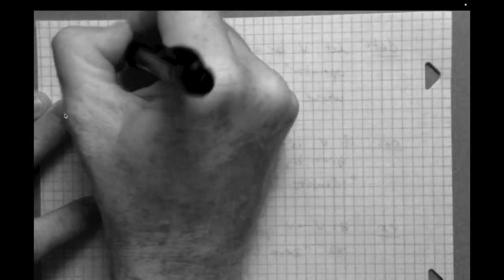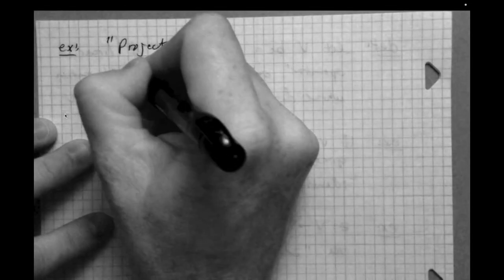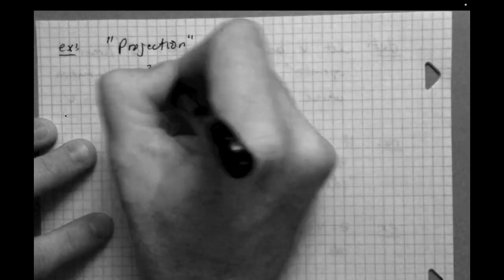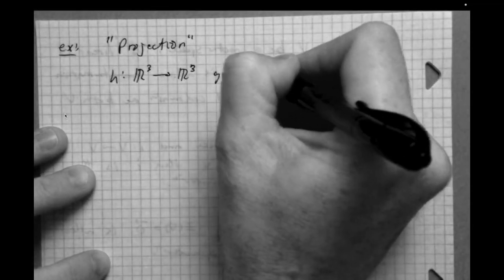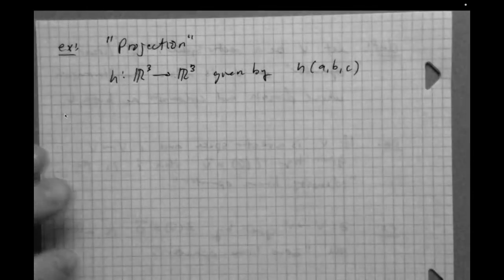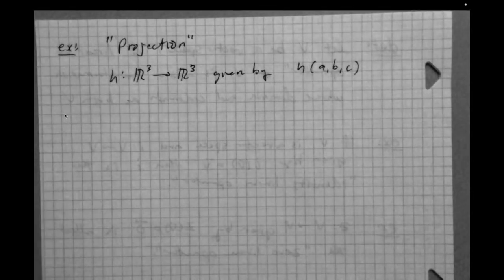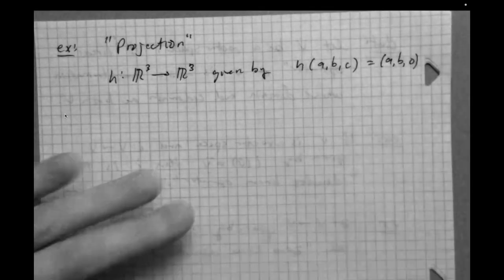Another example of a linear operator is the projection. Consider h on R3 into R3, given by h of (a, b, c). You start with a vector (a, b, c), and when you apply h to it, it maps to (a, b, 0).